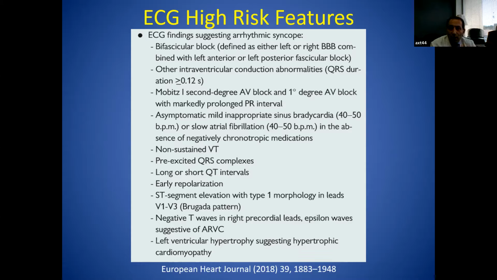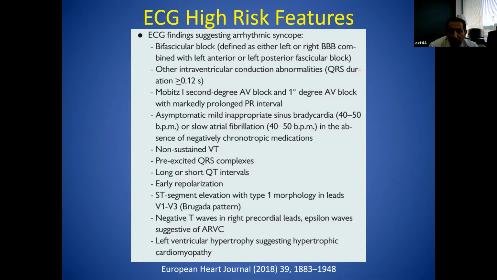A narrow QRS, 90 milliseconds. You rarely have infrahisian disease when you have a very narrow QRS, but if the QRS is wide, irrespective of what type of bundle branch block you have, it's just a sign that the electrical impulse is not getting down to the Purkinje fibers the way it's supposed to. It's not physiologic.